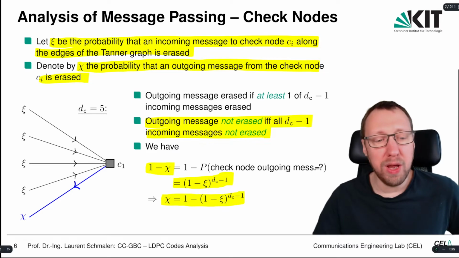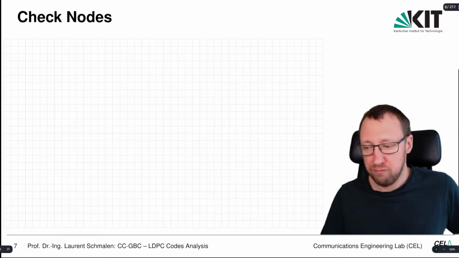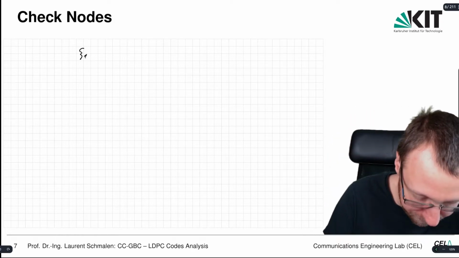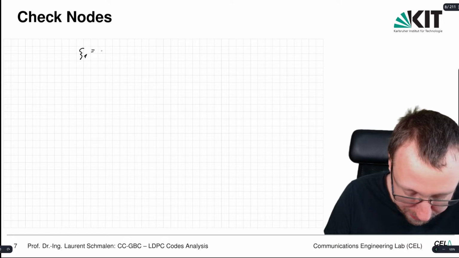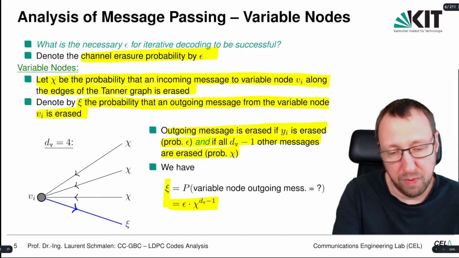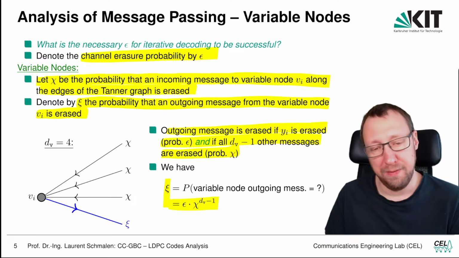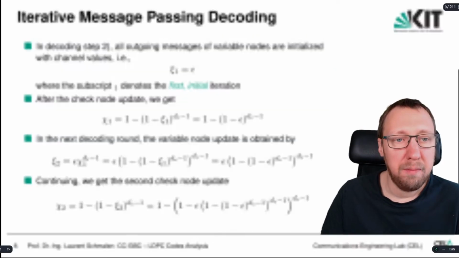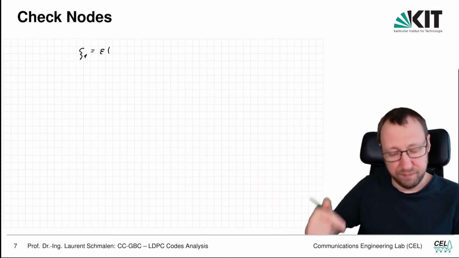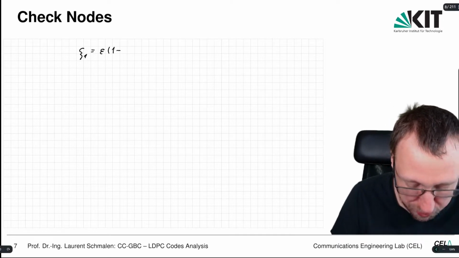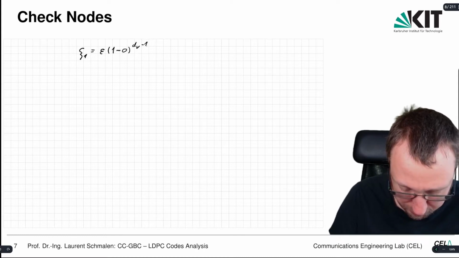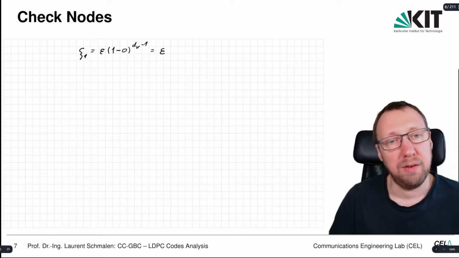Okay, so now we can combine everything. So we look at what's going on. We start with xi1. xi1 is epsilon times chi to the power dv-1. But we have no messages coming from the check nodes yet, or the messages from the check node are erased with probability 0, to the power dv-1. So this is equal to epsilon.